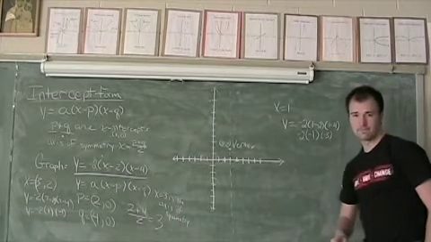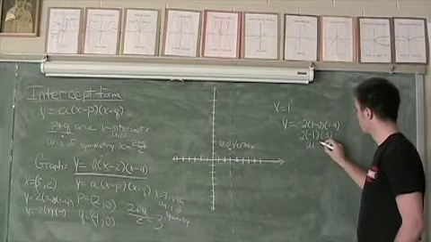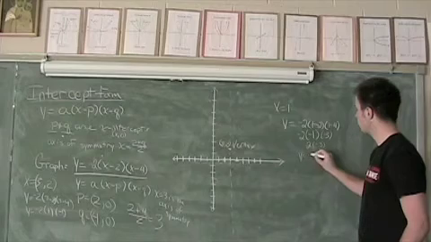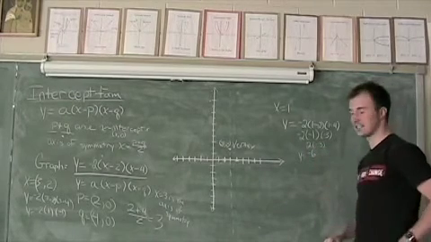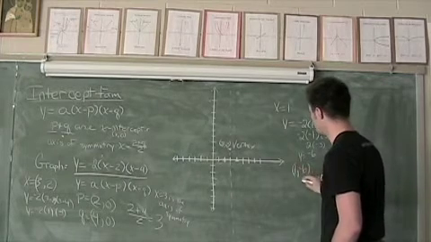So that's negative 2 times negative 1, times negative 3. Negative 2 times a negative 1 is positive 2, times a negative 3. Our y value here is going to be negative 6.